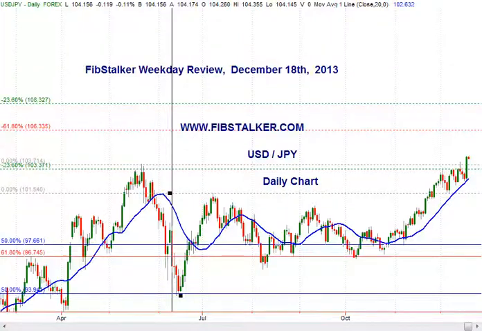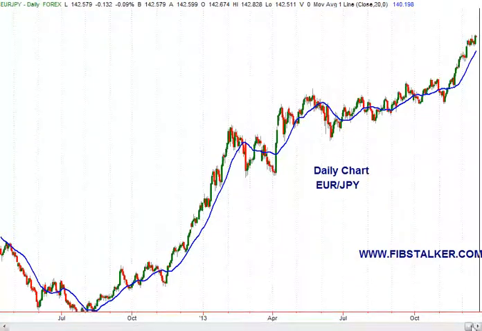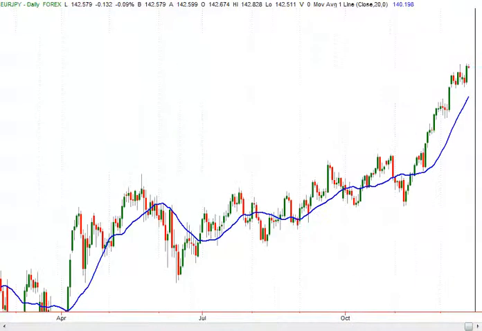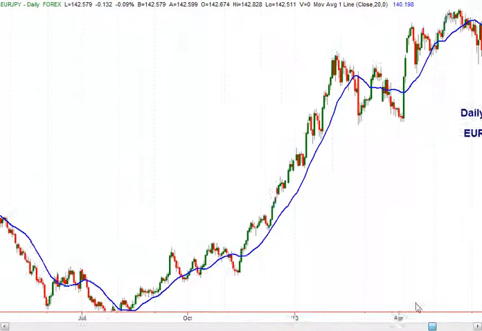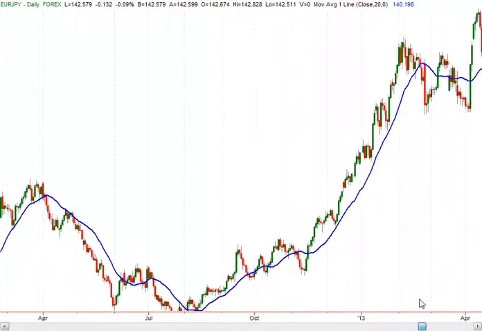Moving to the euro versus Japanese yen. Again, what you see on the screen is the daily chart of this forex pair, and in this market we have something very, very similar.